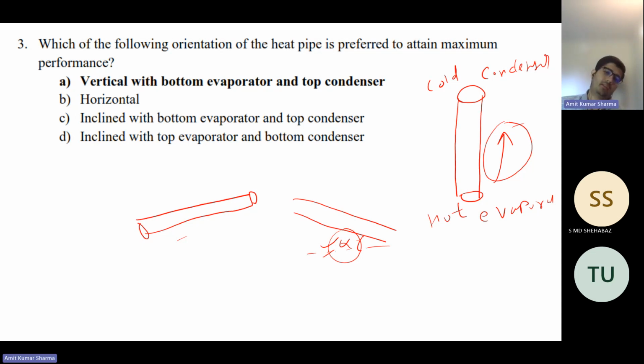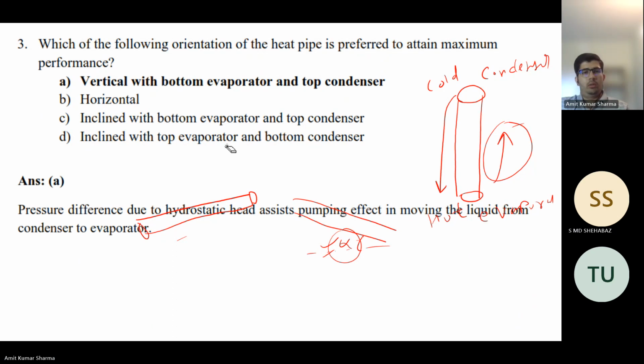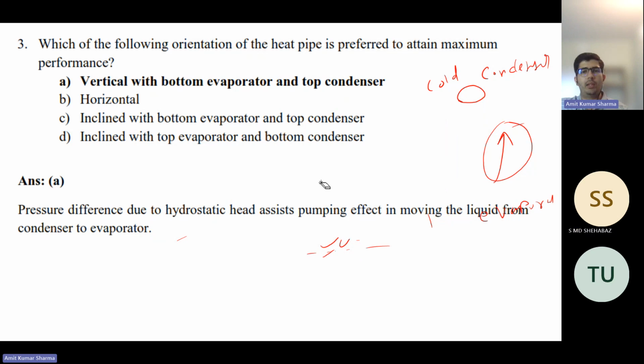The reason is that gravity is playing a role. From the condenser, the liquid is coming back to the evaporator side, and if it is vertical, it can easily come down under gravity. It doesn't have to move against gravity. So the pressure due to hydrostatic head assists the pumping effect in moving the liquid from condenser to evaporator. So this is the reasoning.